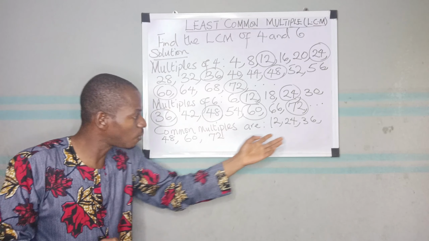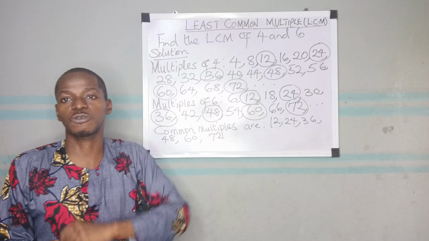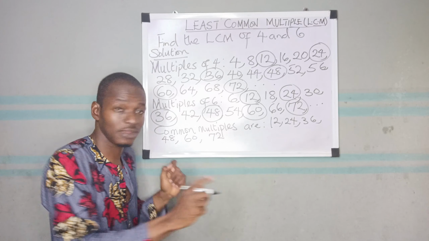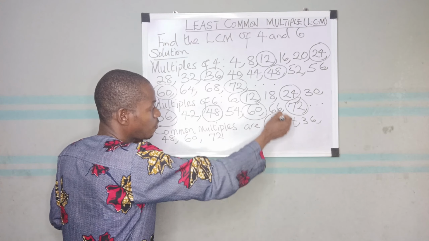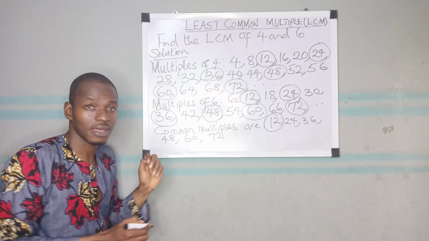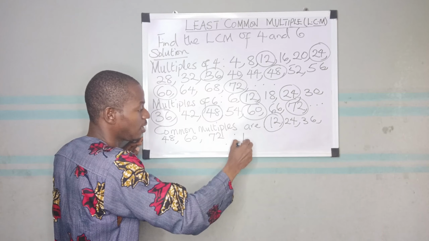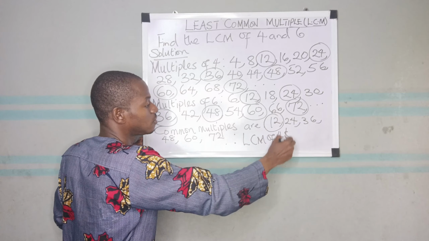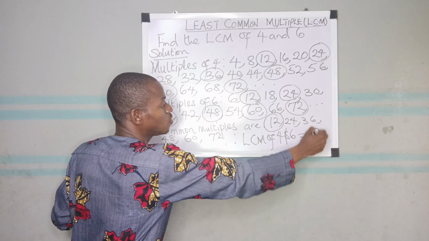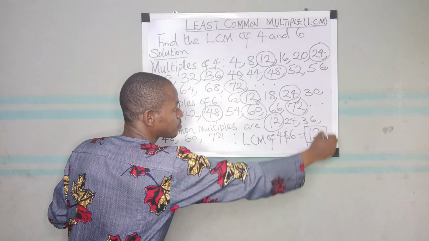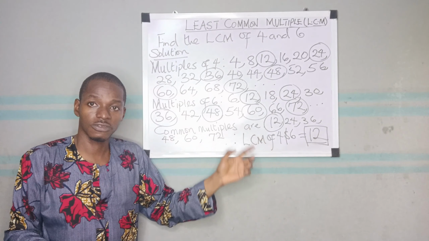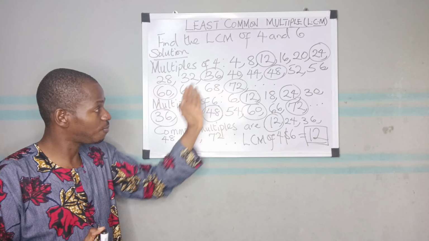Now, amongst these common multiples, which is the smallest? That is all LCM is about. The smallest number there is 12. That's the smallest number. Therefore, the LCM of 4 and 6 is equal to 12. That's the LCM of 4 and 6. You list out the multiples.